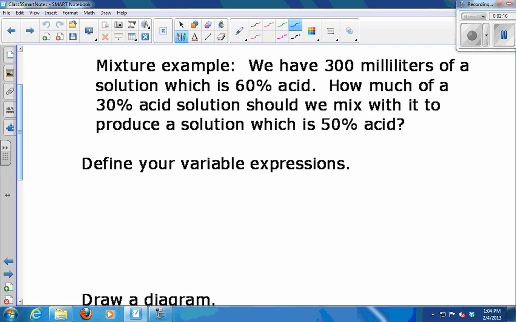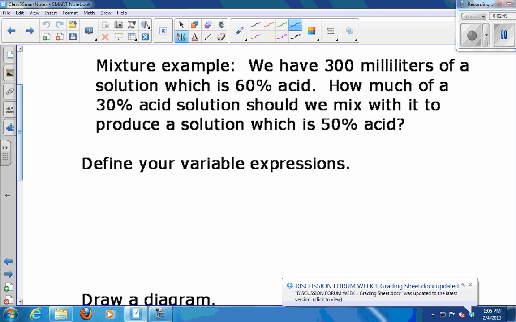We have 300 milliliters of a solution that is 60% acid, and we want to make a solution that's 50% acid, but we only have jugs that are labeled 60% and 30%, right? But we want 50%. Okay, so we have 300 milliliters at 60%. How much 30% should we add to it? Because 30% will dilute it. How much 30% should we add to it so that we end up with a 50% solution?